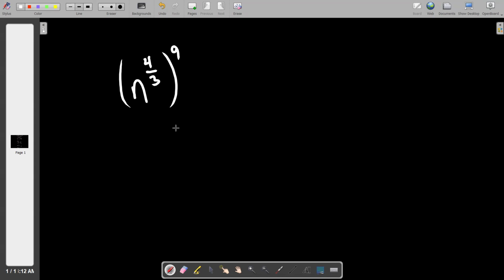There's just no number to work with. So does the hook work on this? Yeah, it does. So you just go 9 divided by 3 is 3. 3 times 4 is 12. So your answer would just be n to the 12th. Good. So I don't want you to think that that's a trick question. If there's no number, you should be like, hey, nice. Thanks for saving me a little time.